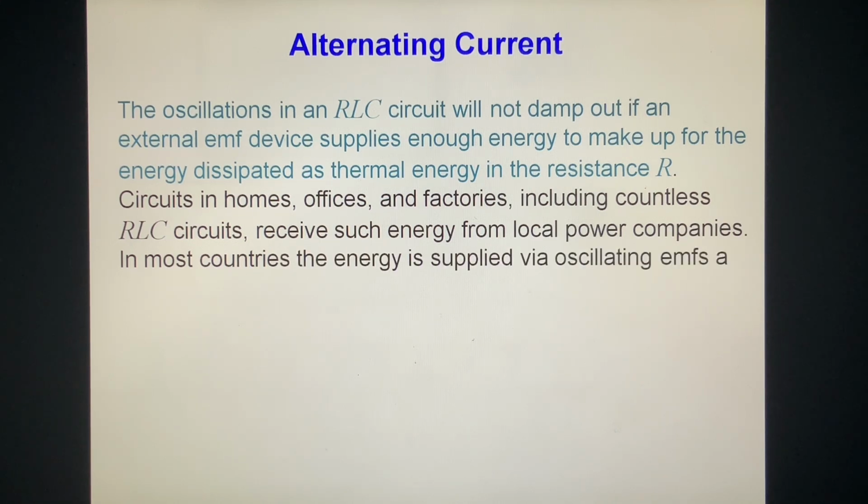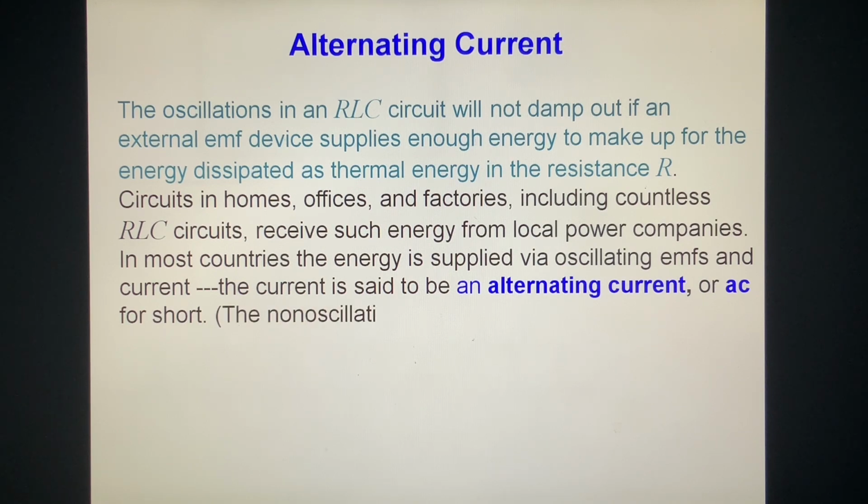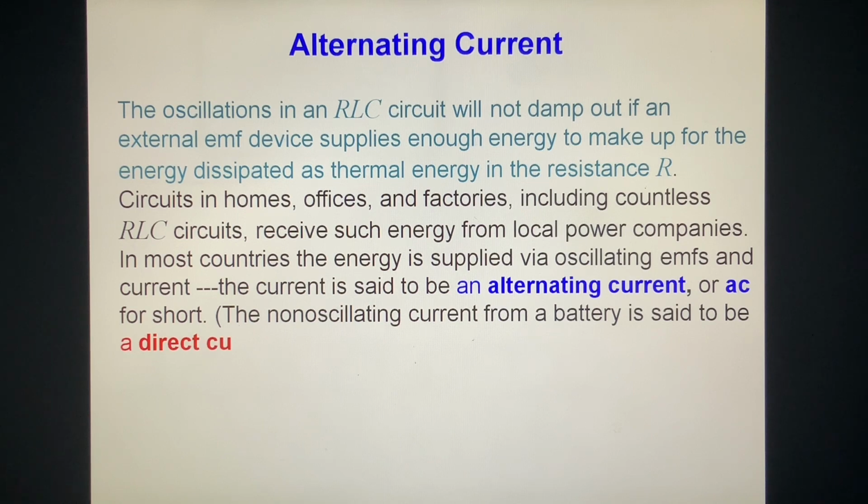In most countries, the energy is supplied via oscillating electromotive forces and current. The current is said to be an alternating current, or AC for short. The non-oscillating current from a battery is said to be a direct current, or DC.